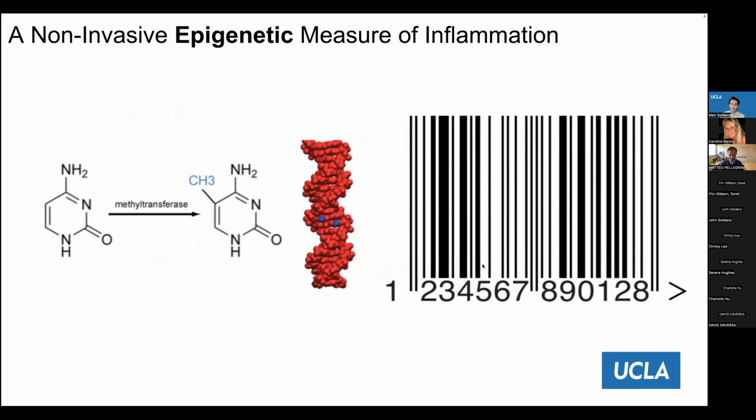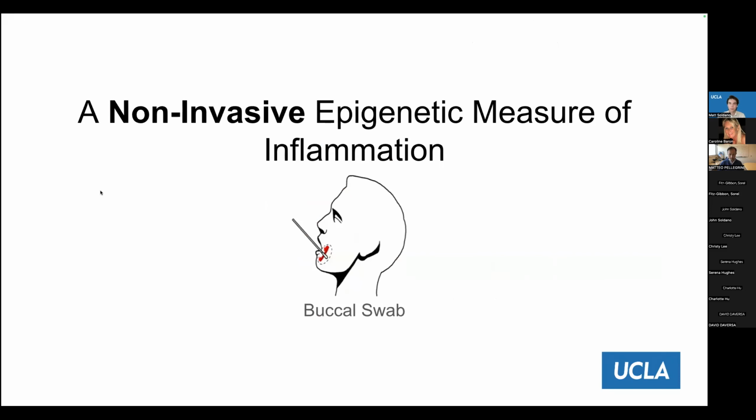We can view these methylation sites as a barcode, because barcodes are zeros or ones, and similarly, DNA methylation is either methylated or not methylated. So we feel like we could scan the genome as a barcode and try to associate those zeros and ones with different phenotypes, whether it's aging or diseases. We feel like it's a pretty fruitful area of research.